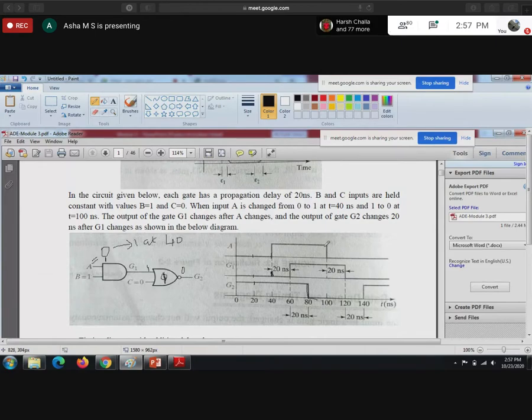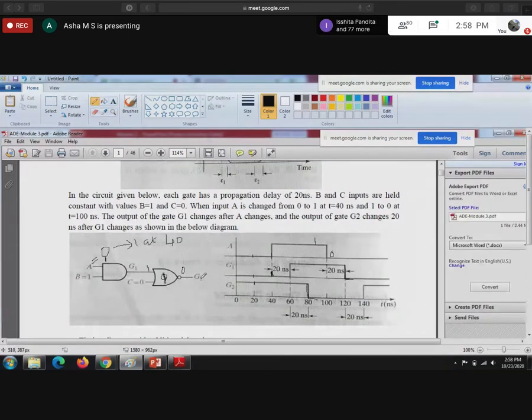At 100 nanoseconds, A is again going to change from high to low, 1 to 0. But immediately at 100, it's not going to change. After 20 nanoseconds, G1 will change from 1 to 0. Even after G1 is changed, G2 will not change immediately.